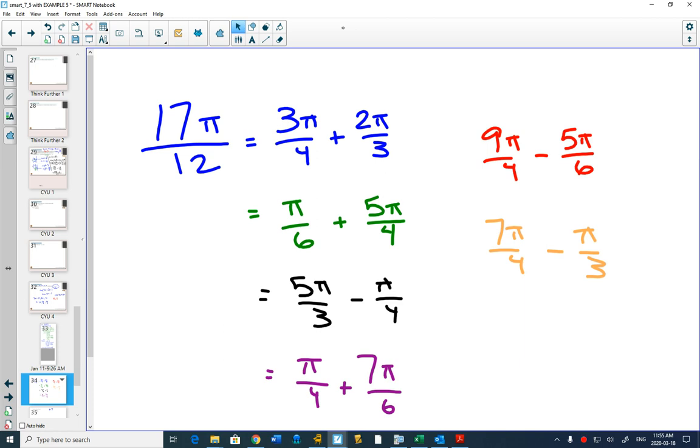All right. So we've got 6 examples up there already. We could find more. What do you notice that all 6 of those have in common? Other than they all work out to 17 pi over 12. Yeah, we're always using pi over 3, pi over 4, and pi over 6, but what do you notice in particular with those ones?